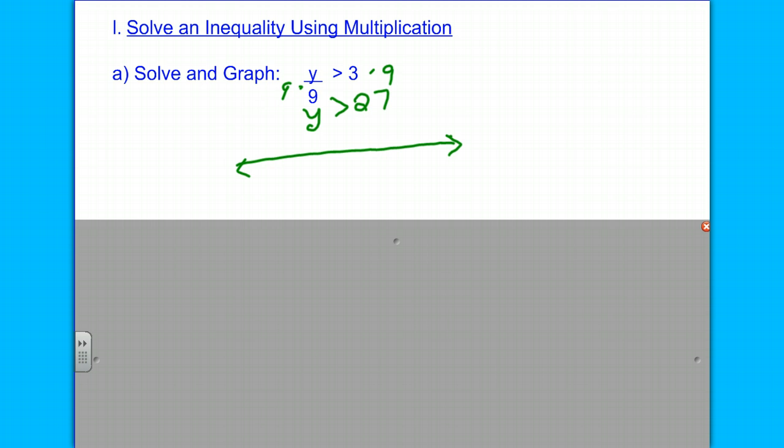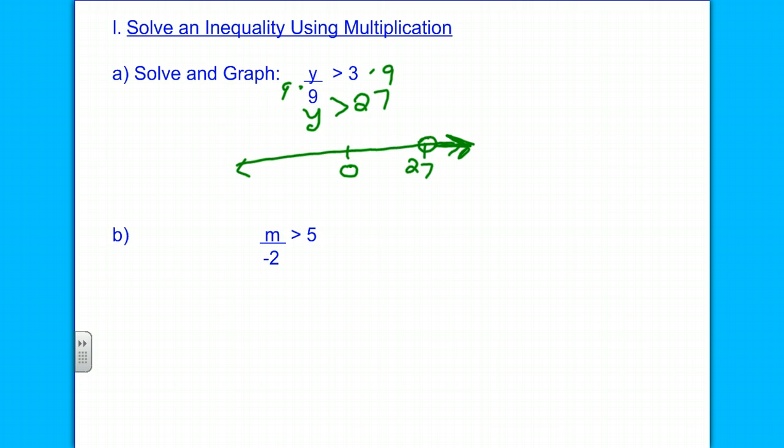Does that cause a sign change? No, because it was a positive factor, it doesn't. And she has a number line with at least 2 numbers on it. And y is greater than 27, so it's pointing to the right. Good job.